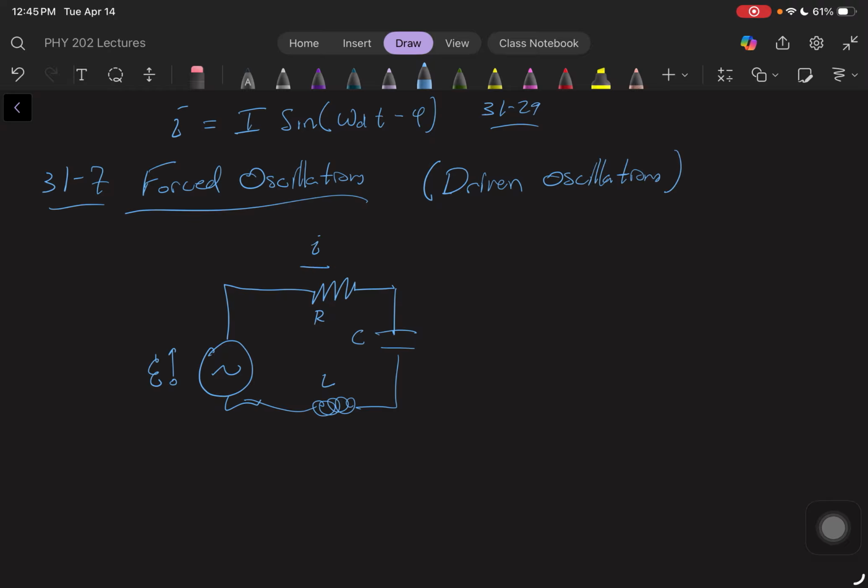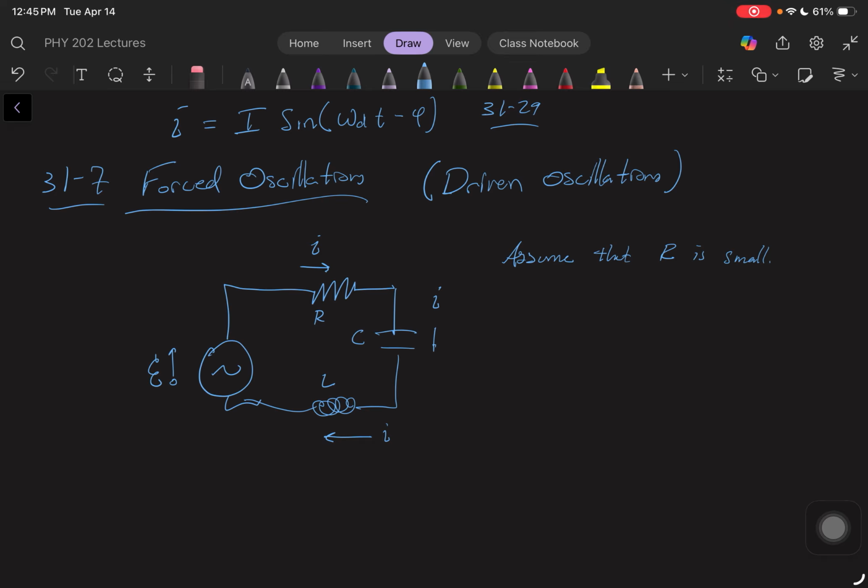And they're all going to have current traveling through this loop. And so let's start by making the assumption, so assume the resistance is small.